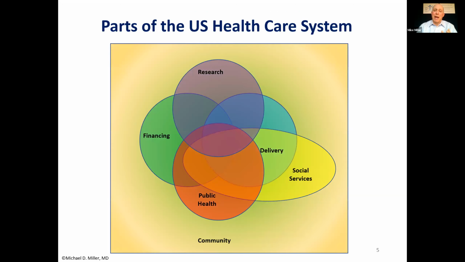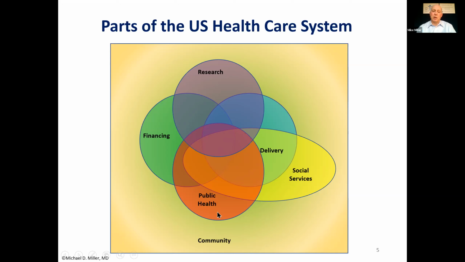But they don't exist in a vacuum, because there's also this new yellow sphere called social services that really is important for determining how well healthcare delivery, public health, and financing actually improve the health of individuals and communities. And all of these five circles exist in this broader community, because everybody who's got a healthcare problem doesn't spend all their time in the healthcare delivery world or with social services.